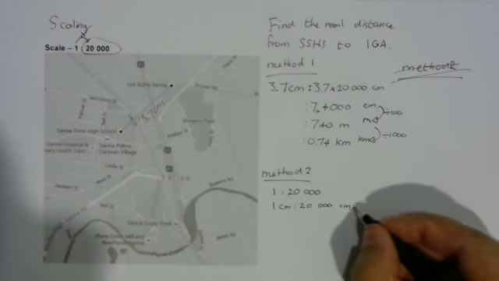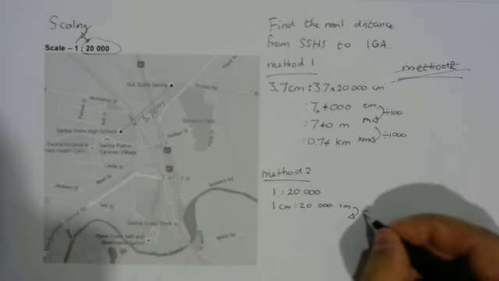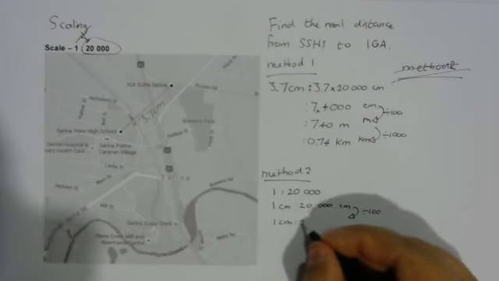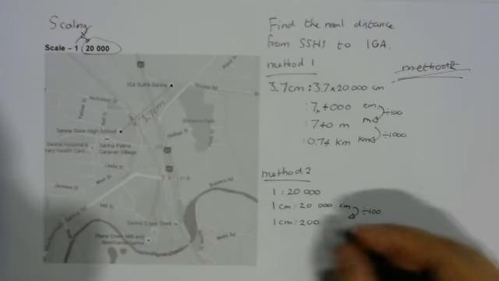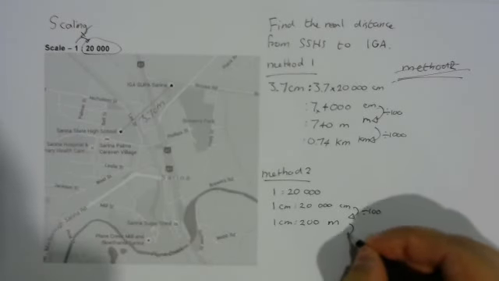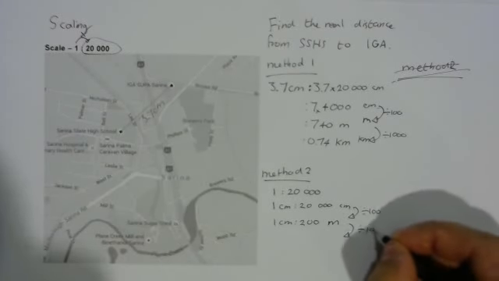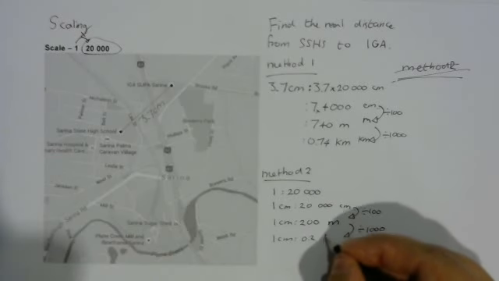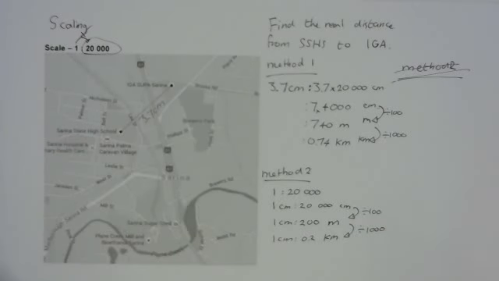So we can change this to 1 centimeter is to 200 meters, just by dividing by 100. If you wanted to go the extra step, you can always divide by 1,000. 1 centimeter is proportional to 0.2 kilometers.